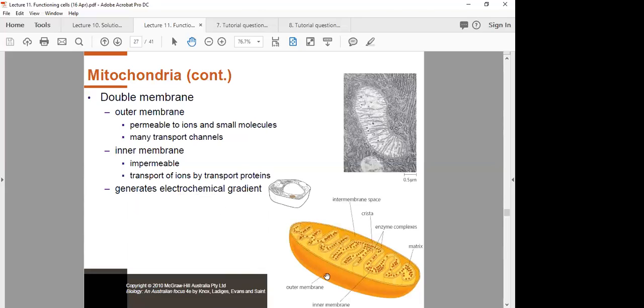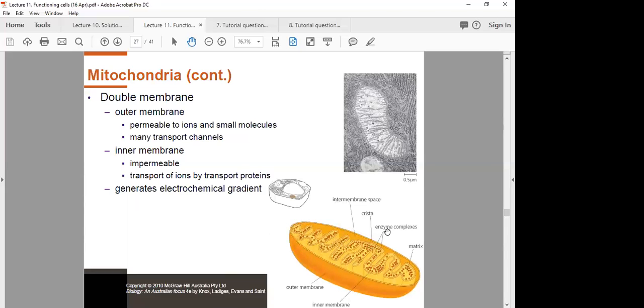Let's look at the structure of the mitochondrion down here. So we can see the outer mitochondrial membrane, the inner membrane that is folded into what are called cristae, singular crista, and embedded in that inner membrane are all the enzyme complexes that are required to synthesize ATP. Does anyone remember from a previous lecture we talked about the electron transport chain?